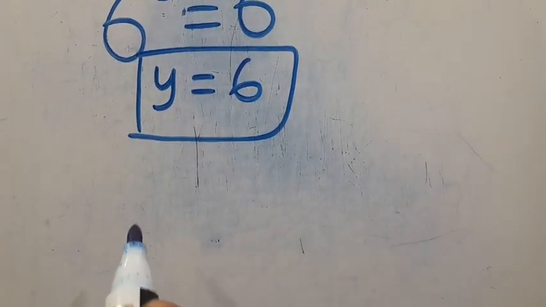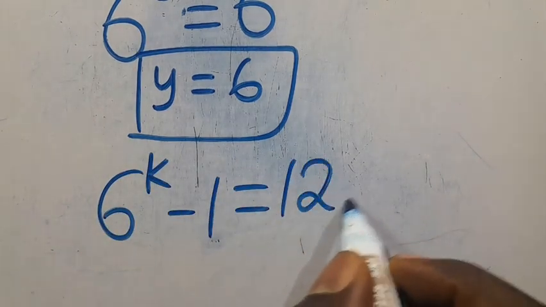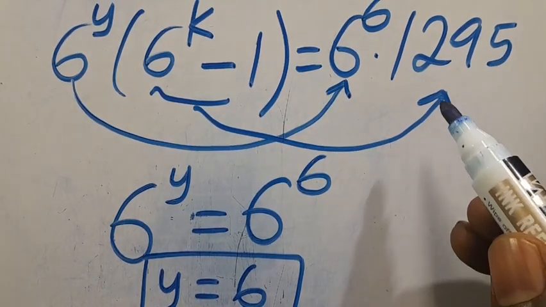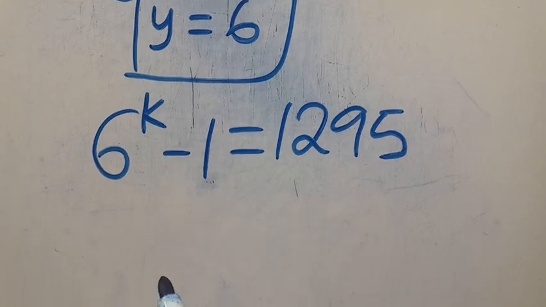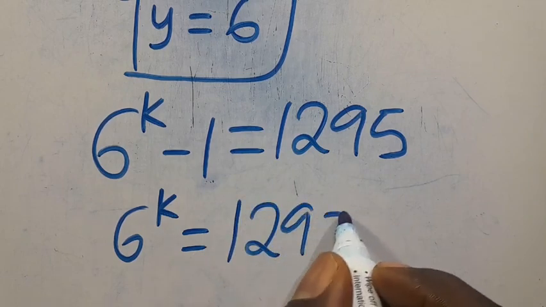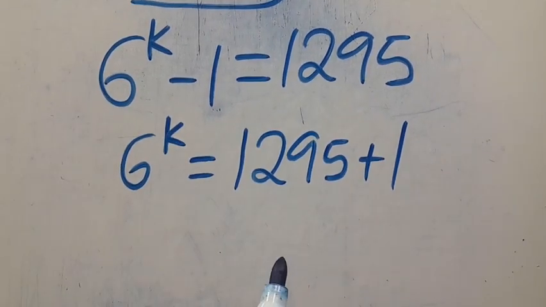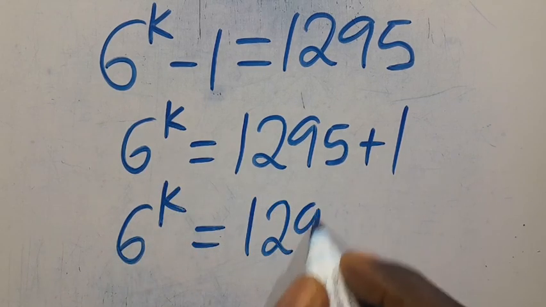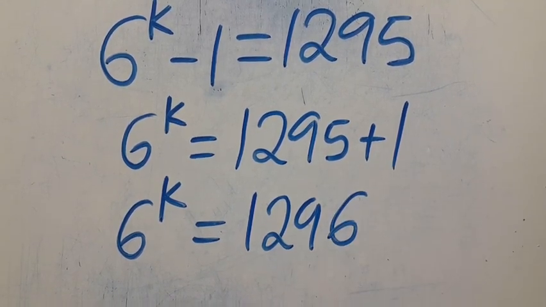Then we also have 6 to the power of k minus 1 equals 1295 from here. So we are going to have 6 to the power of k equals 1295 plus 1, and so 6 to the power of k equals 1296.